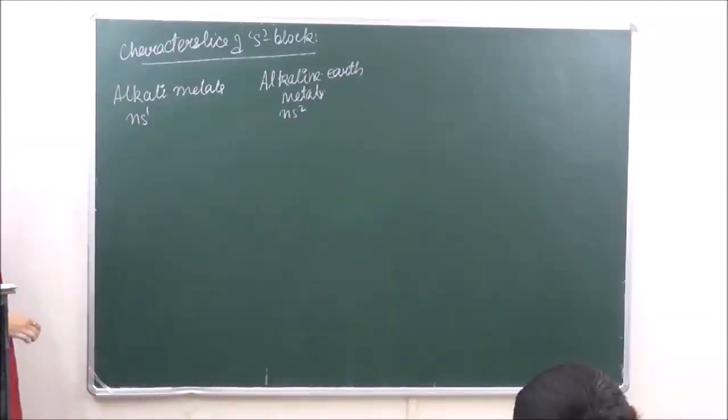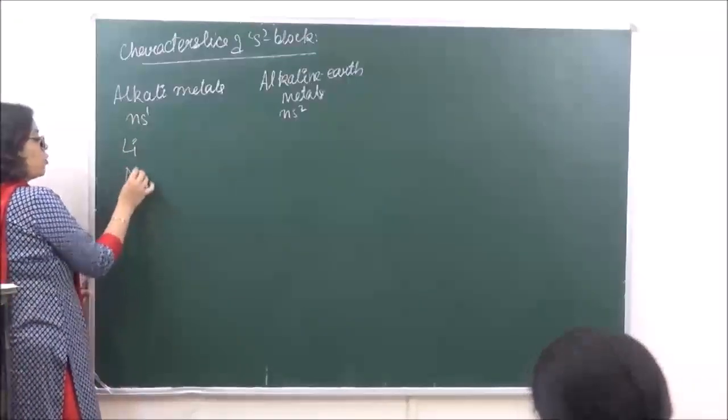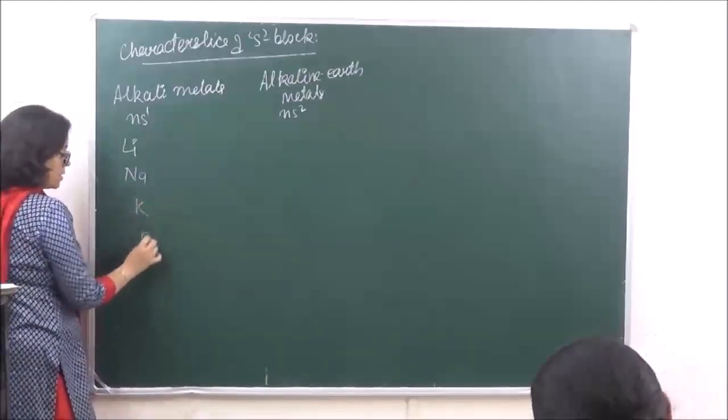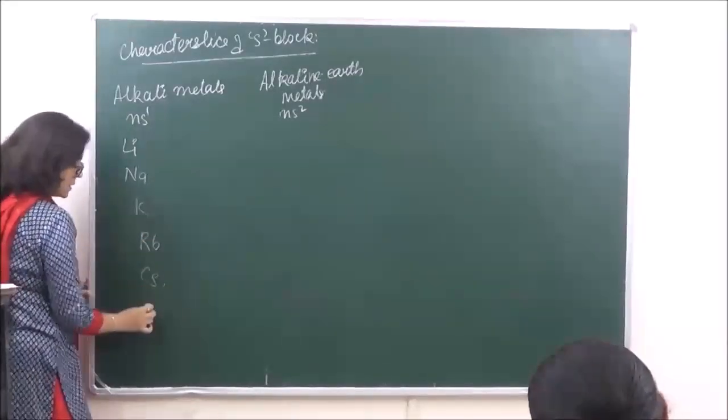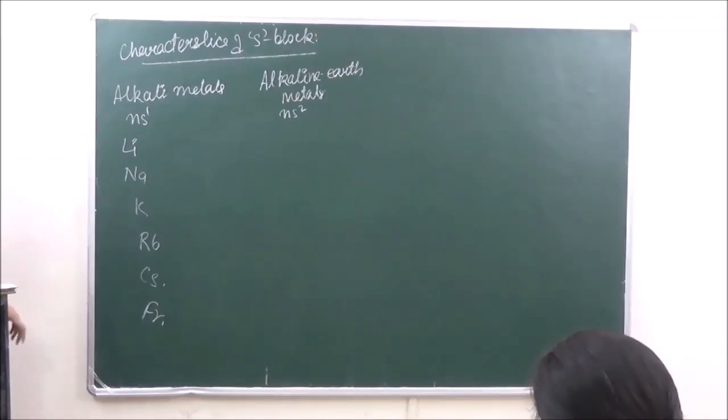The metals which are present in group 1, they start from lithium, sodium, potassium, rubidium, cesium and francium. Over here francium, that is going to be radioactive in nature.